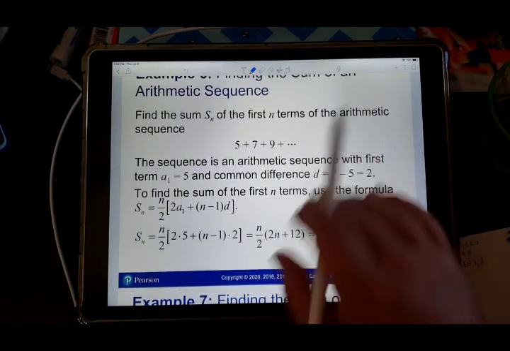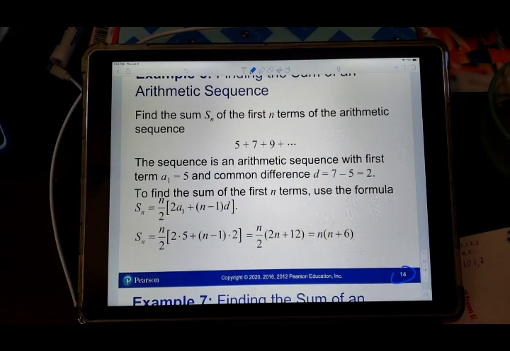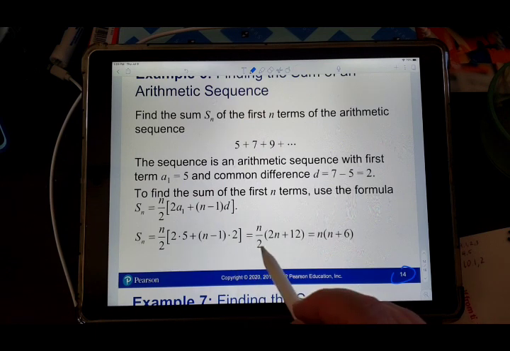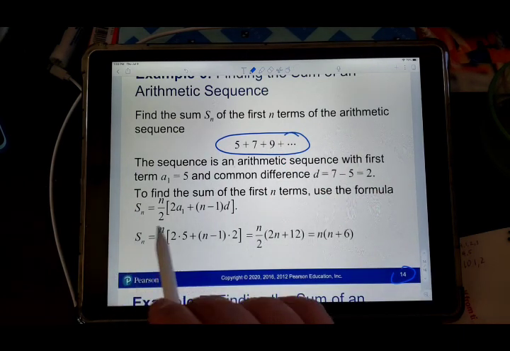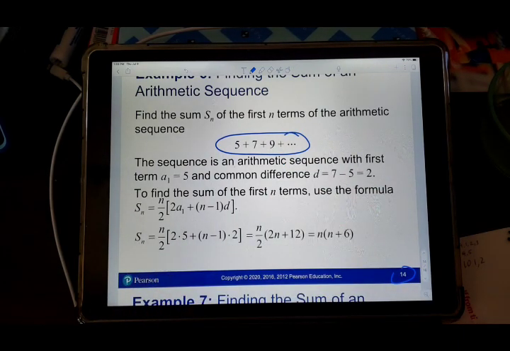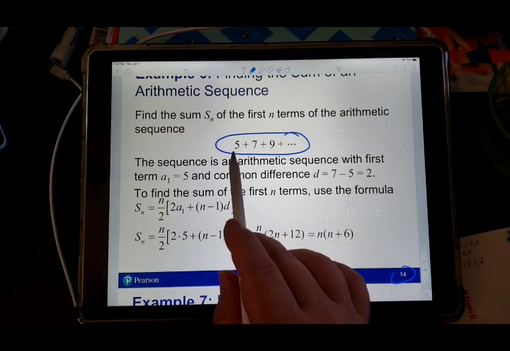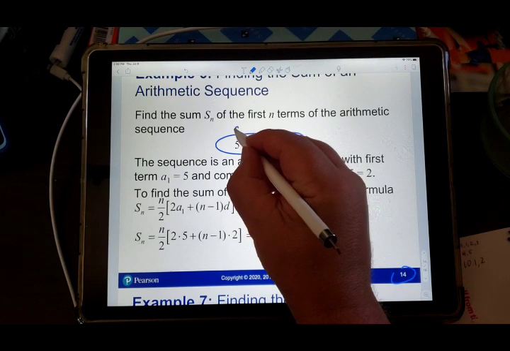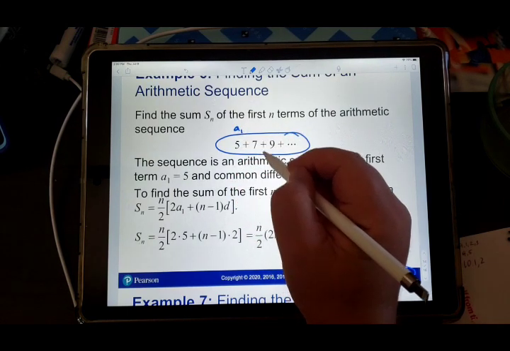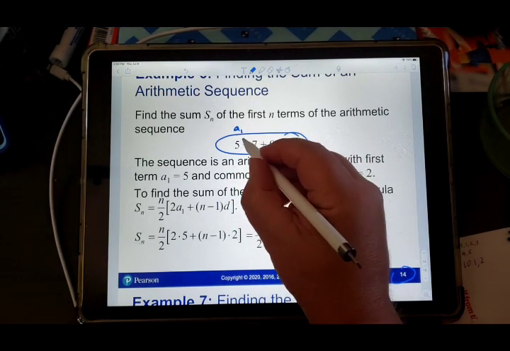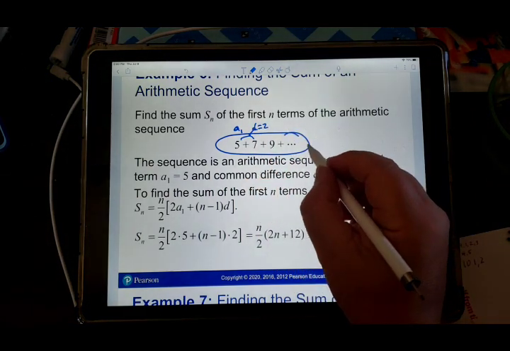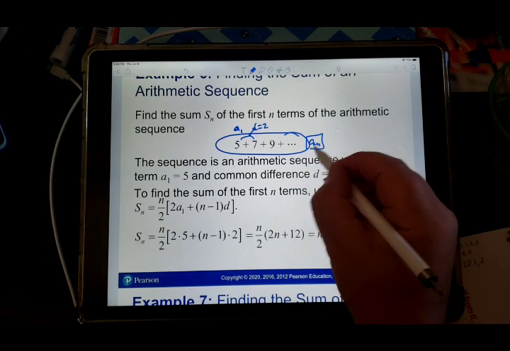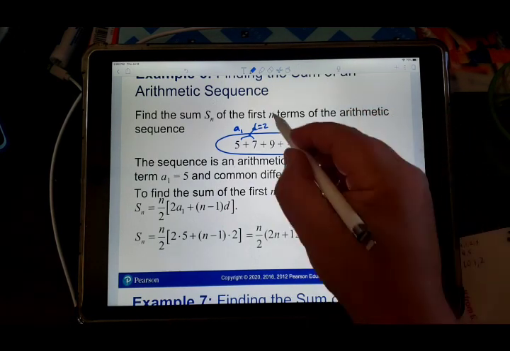Let's look at one. Actually, they did keep it a variable here, so this first one I like, it would be a good example of n being a variable. What do I mean by that? We have this list. We know what the first term, a, is. It's 5. We know what d is. It's 2. And we don't know what a sub n is because n is still a variable.